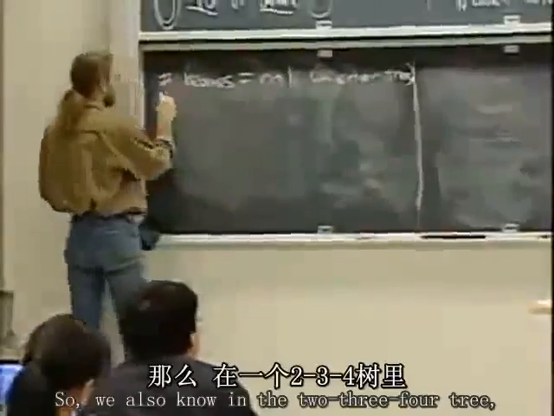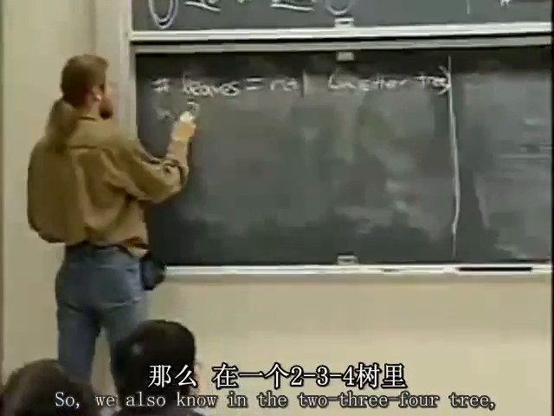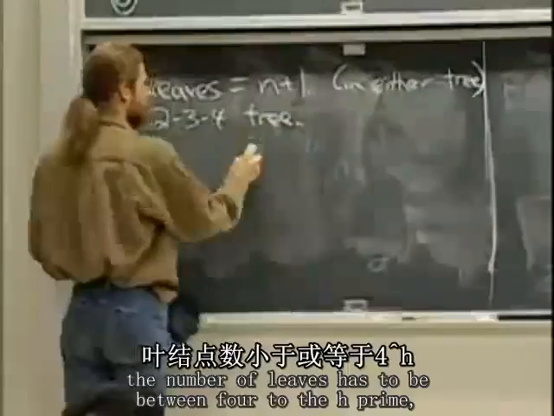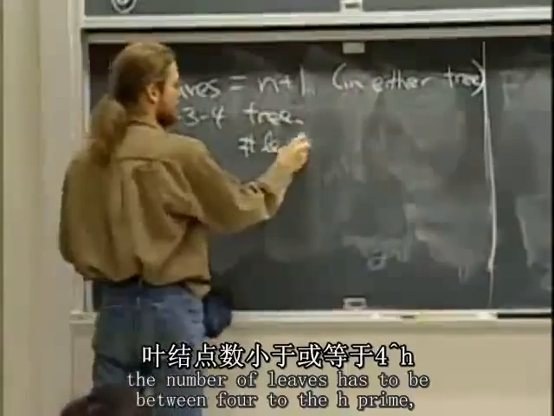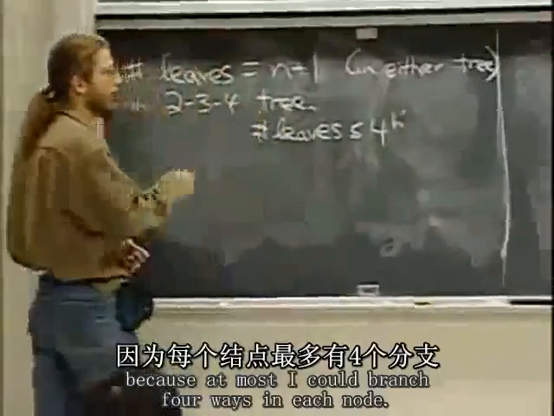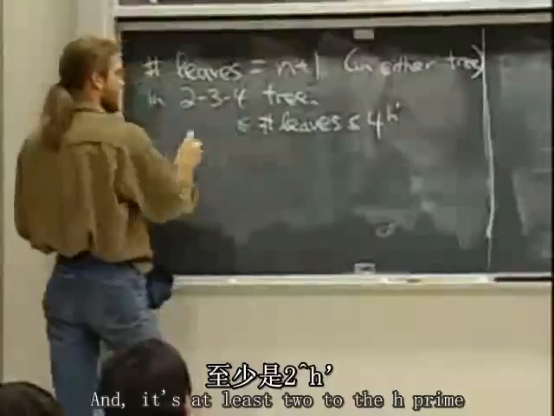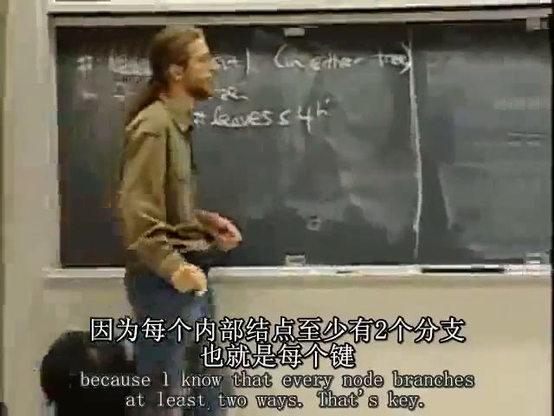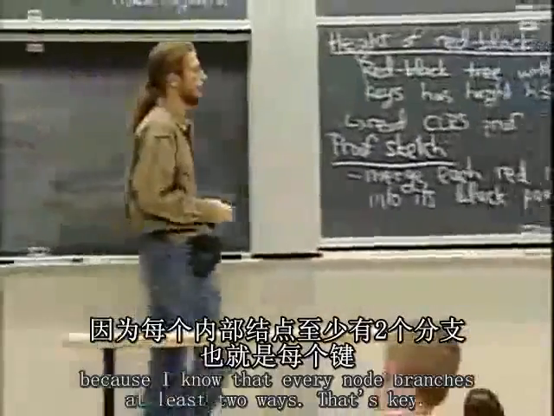So we also know in the 2, 3, 4 tree, the number of leaves has to be between 2 to the h prime and 4 to the h prime, because at most I could branch 4 ways in each node. And it's at least 2 to the h prime, because I know that every node branches at least 2 ways. That's key.